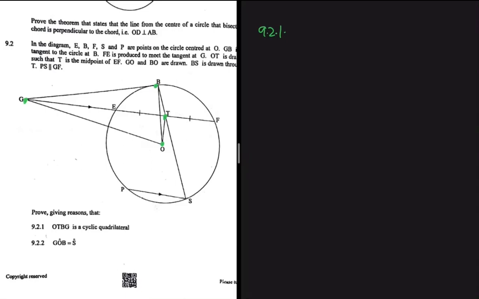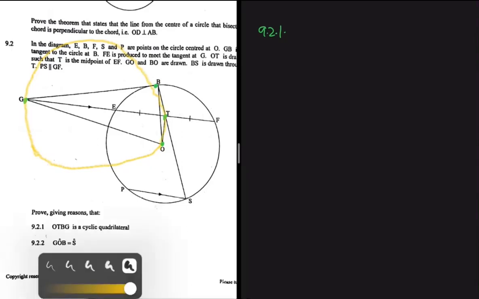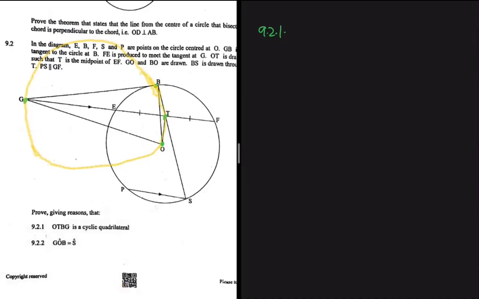And then all the vertices must lie on the circumference of the circle. So we must be able to draw a circle, right? Obviously, I'm not going to do any justice drawing the circle, but we must be able to have something of this manner. If OTBG is a cyclic quad, right? B is also lying on the circle. Yeah, that's what we mean when we say OTBG is a cyclic quad.